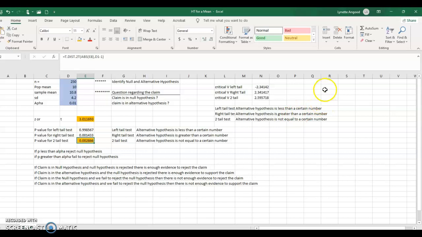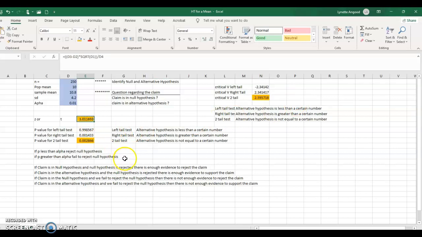Now, if we were using a critical value approach, we'd have to grab the critical value for a two-tailed test, and that basically means that we will reject the null if our test statistic is further from 0 than the critical value of 2.596.